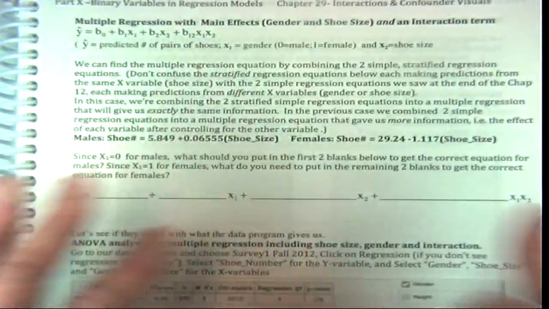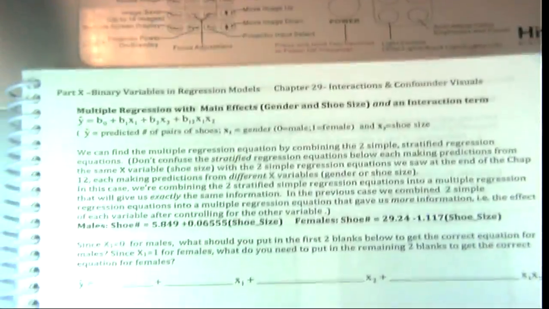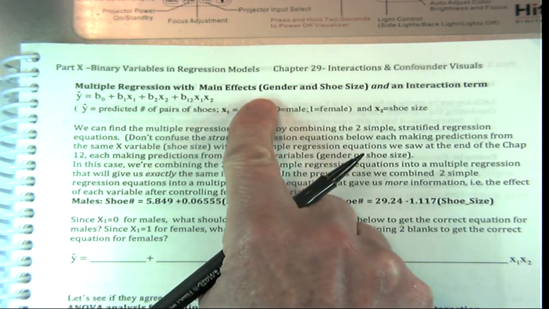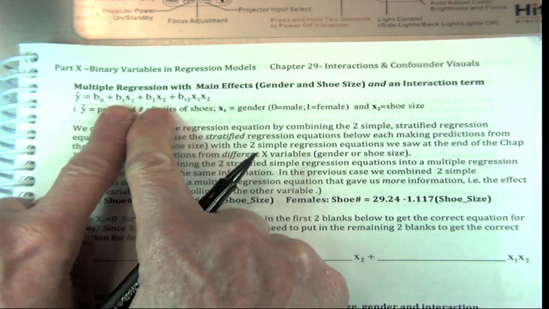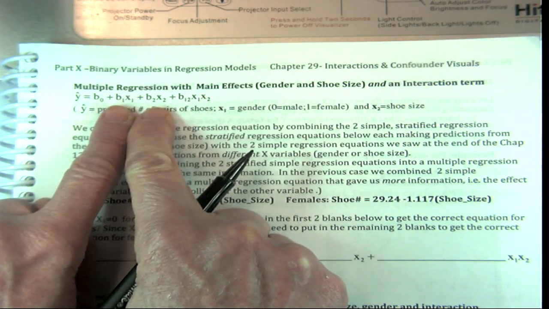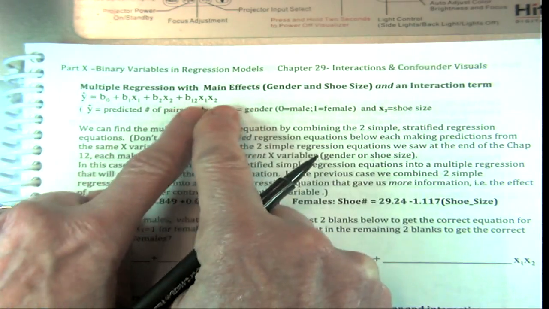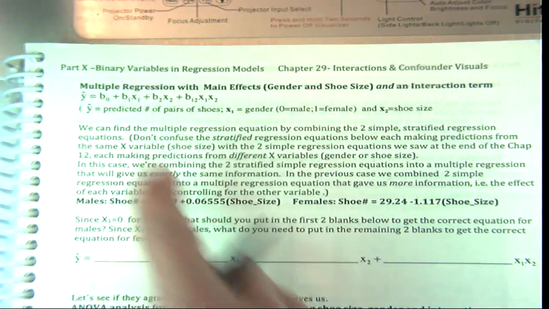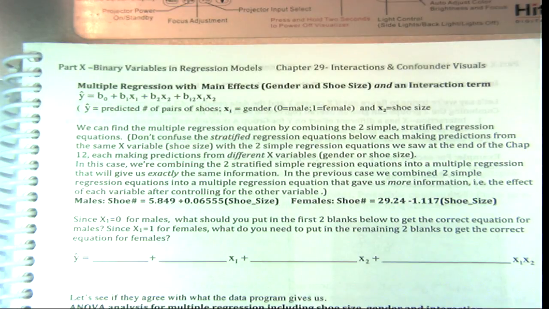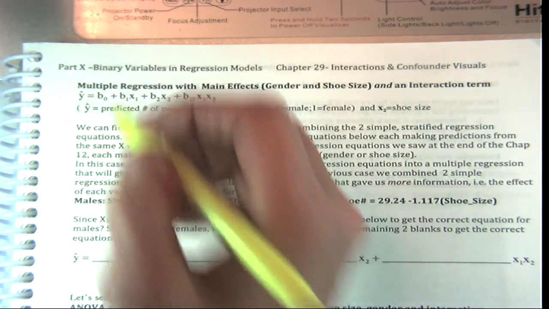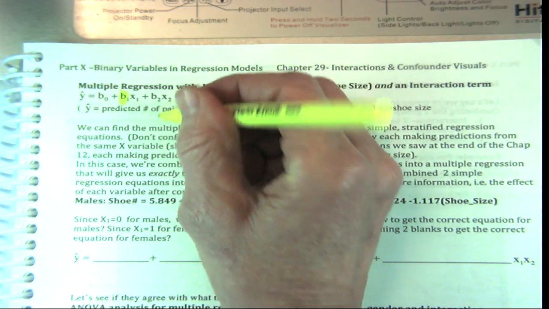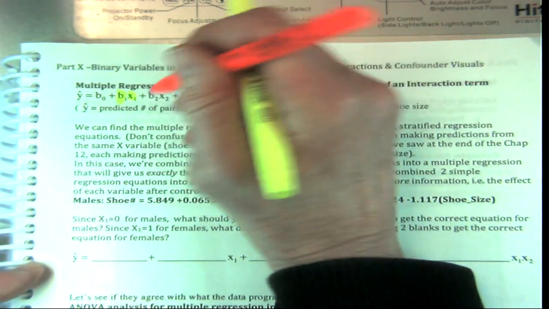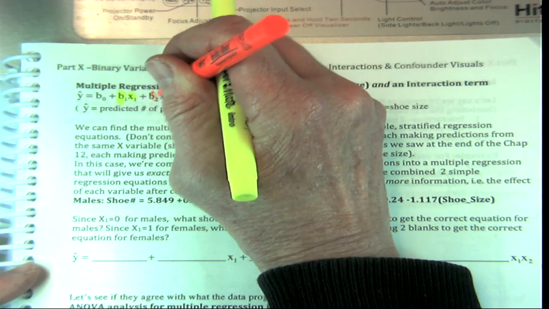So let's do that. So here's multiple regression with the main effects and an interaction term. The main effects are just B1 and B2, and then an interaction is when we multiply those two together. All right, so let's draw this. We'll have B1 for X1, and B2 for X2.